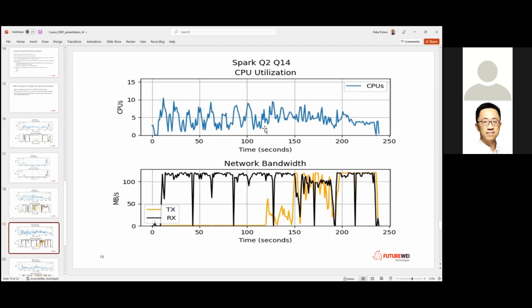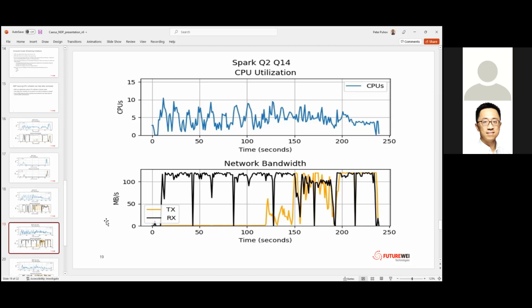And the reason is that our network is saturated. If you look at it, network on both receive and transmit side is pretty saturated all the way. And that's the limitation of Spark in that area. That's why the CPU is not very high, because all the CPUs are doing is waiting for the network.